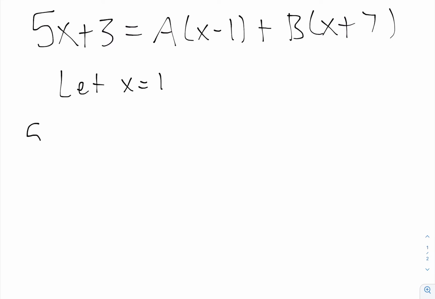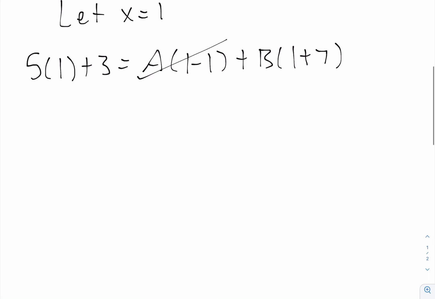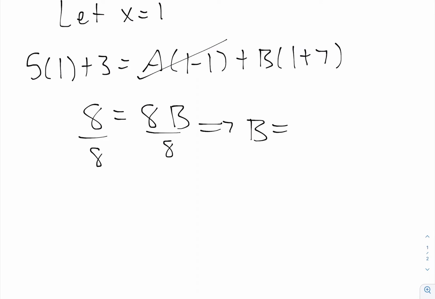So the left side would be 5 times 1 plus 3, equal to A times 1 minus 1 plus B times 1 plus 7. We still don't know what A or B are, but this is A times 0, so we can forget about it for now. On the left we have 8 equals B times 1 plus 7, which is 8B. Divide both sides by 8, and we just get B is equal to 1.